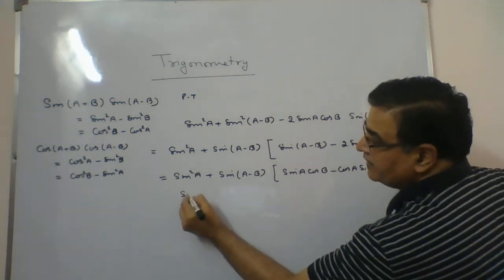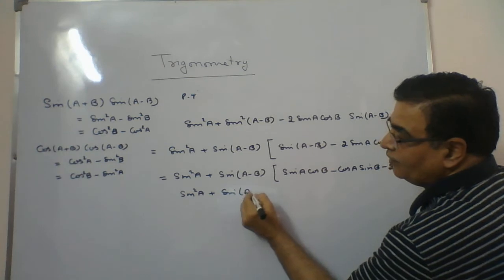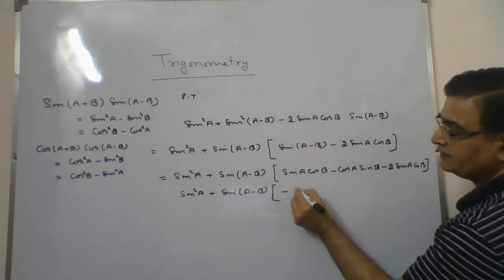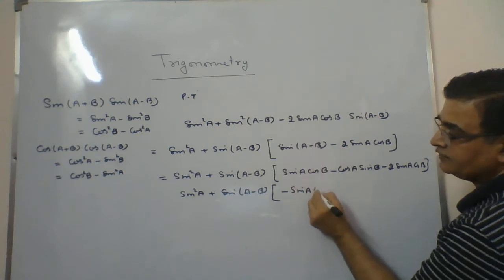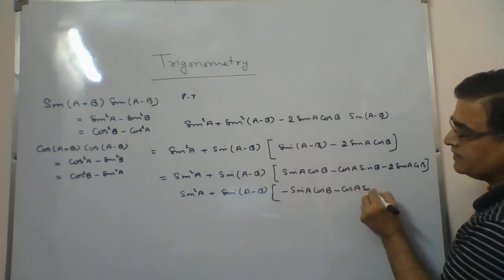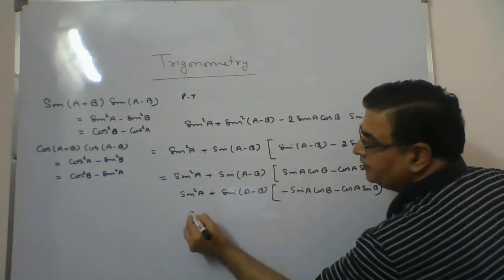So I'll write this as sin²a plus sin(a-b). This left is minus sin a cos b minus cos a sin b. Then this minus I can take common.